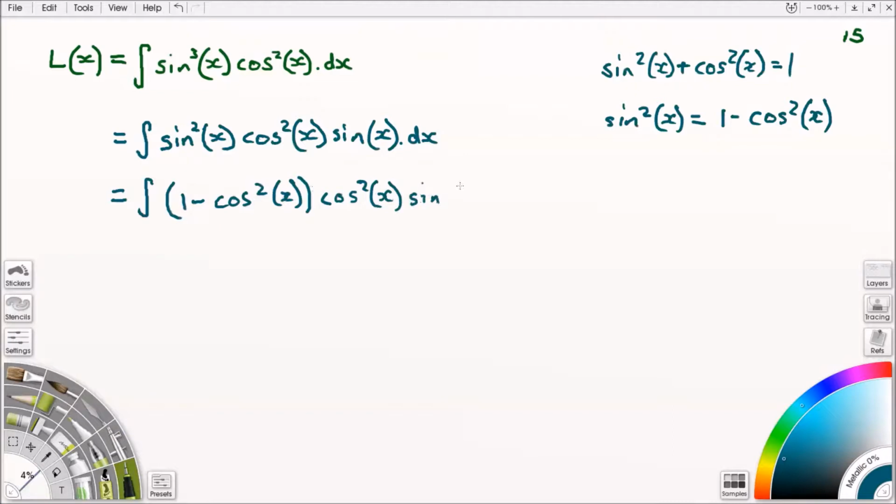Sine x is still there, dot dx. And effectively what we can say here now is, if we make this our u, we can integrate this using u substitution to get a sine, which gets rid of our sine term here, which makes it easier to integrate then.